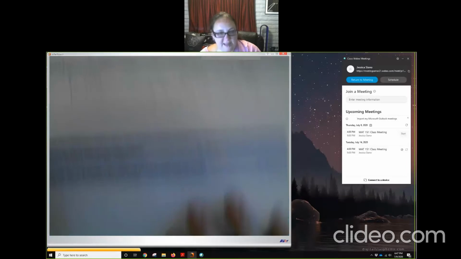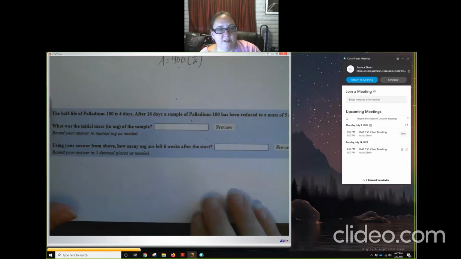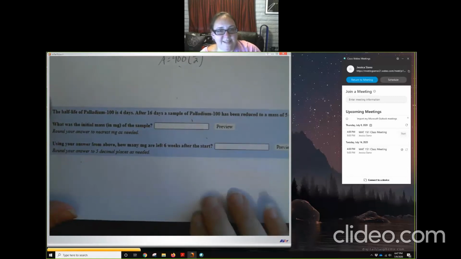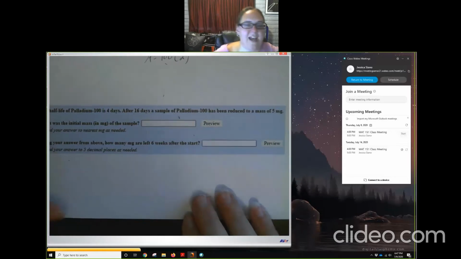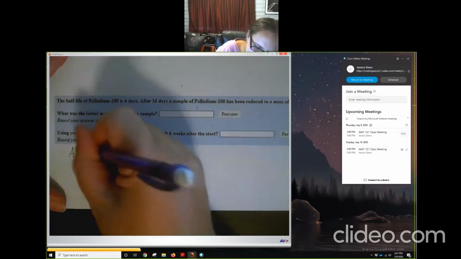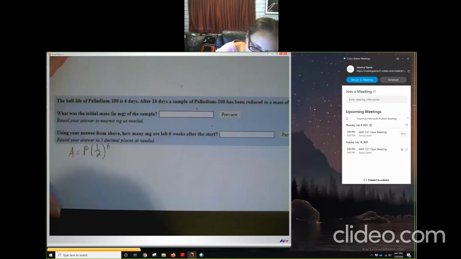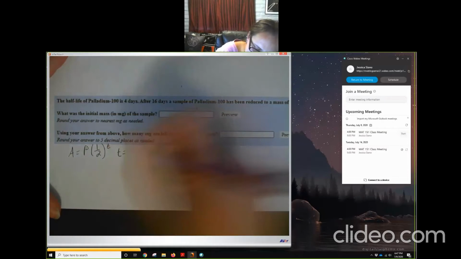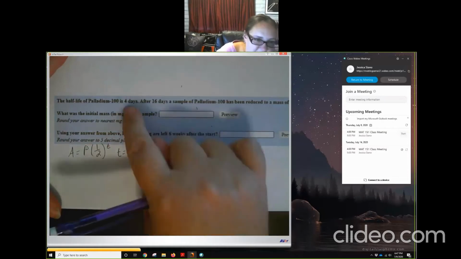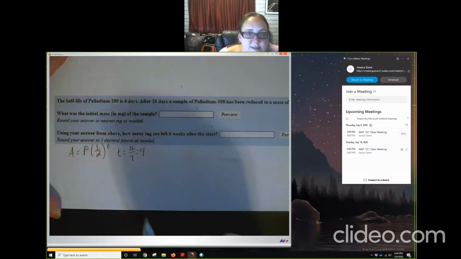Okay. And then last but not least, another half-life question. The half-life of palladium 100 is 4 days. After 16 days, a sample has been reduced to a mass of 5 milligrams. So we're going to use that same formula. T is the 16 days that have passed divided by the 4-day half-life. So that means that this has been cut in half 4 times.